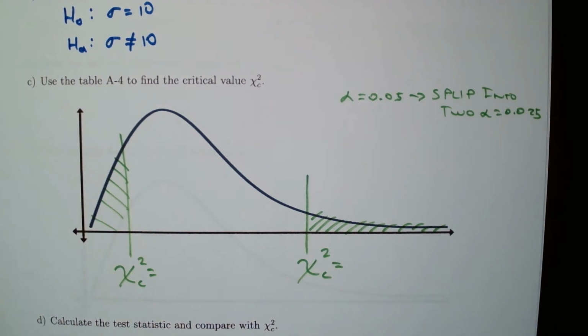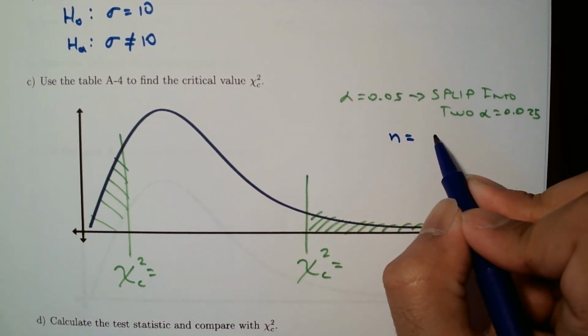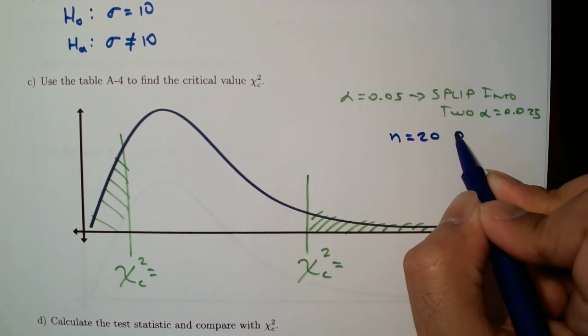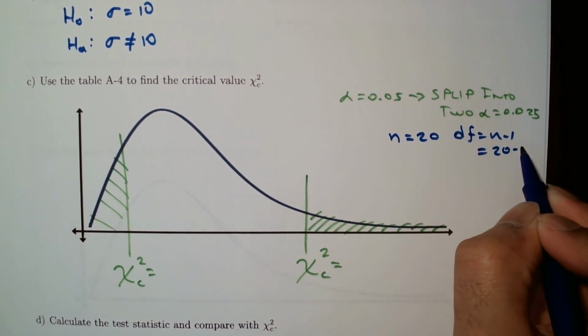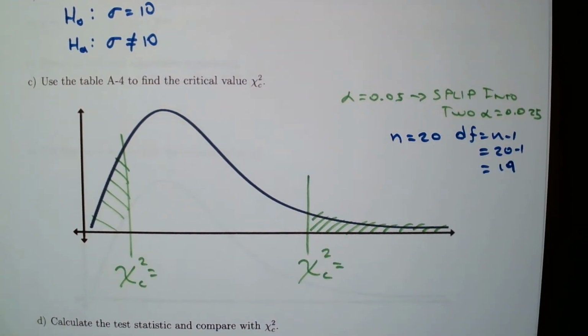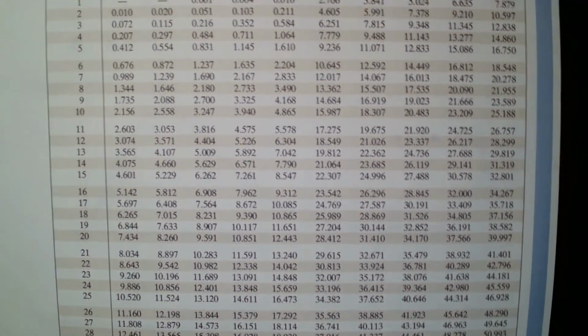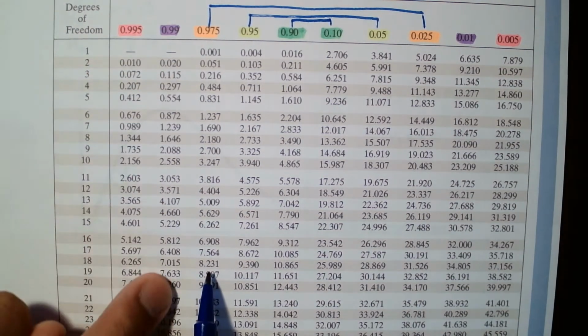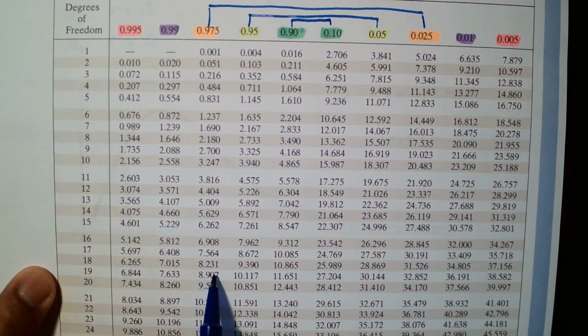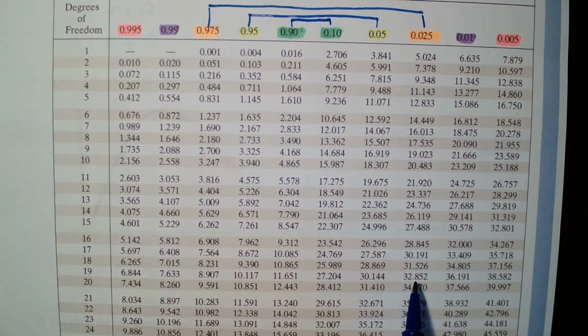In this case, n equals 20. Degrees of freedom is 1 less than the sample size, 19. So I'm going to go all the way to 19. And then the first critical value from the left is 8.97. That's the orange one. And the other one will be 32.852. Okay, so those are going to be our critical values.